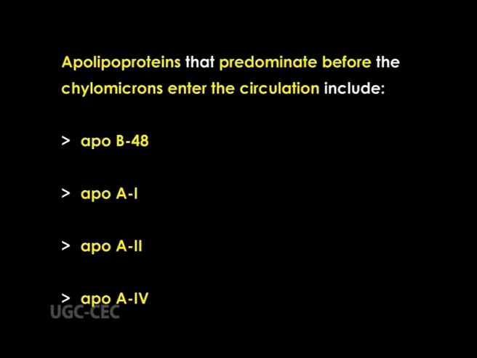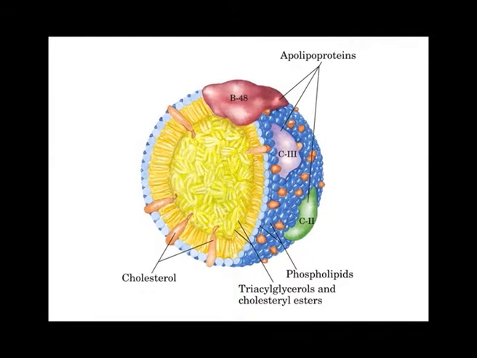The apolipoproteins that predominate before the chylomicrons enter the circulation include ApoB48 and ApoA1, ApoA2 and ApoA4. ApoB48 combines only with chylomicrons.